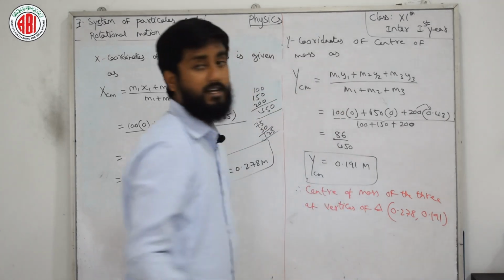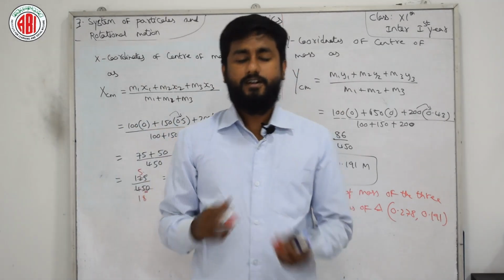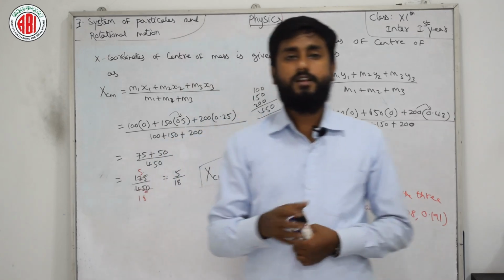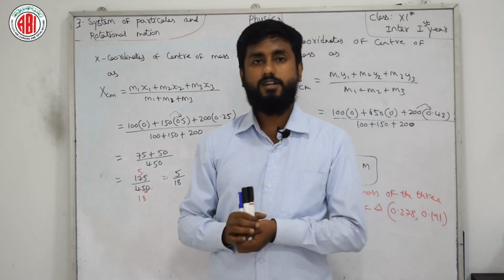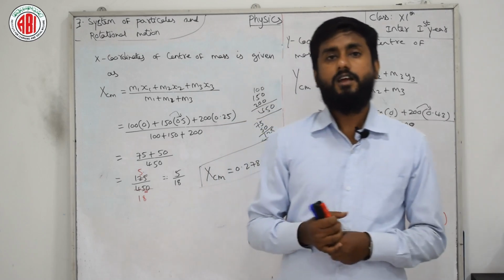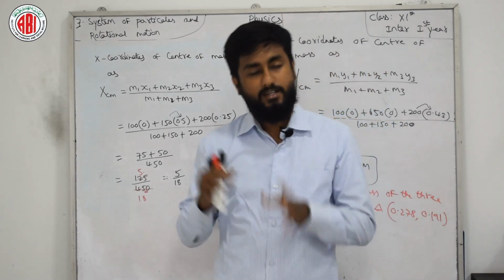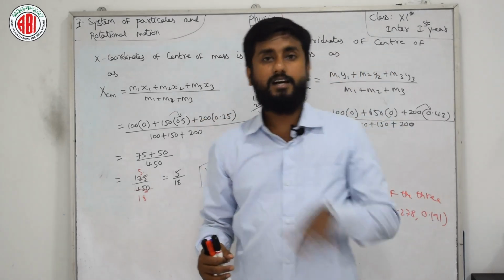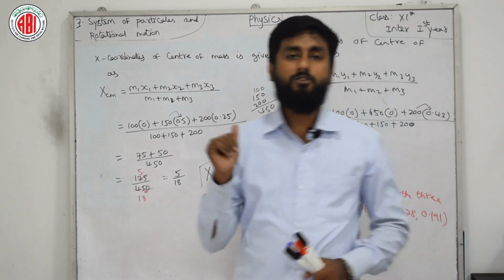This is the final answer, and it is an important thing related to NEET for BiPC students, JEE Mains for MPC students, and in the intermediate public examination it might be asked for 4 marks. Now you can copy down.